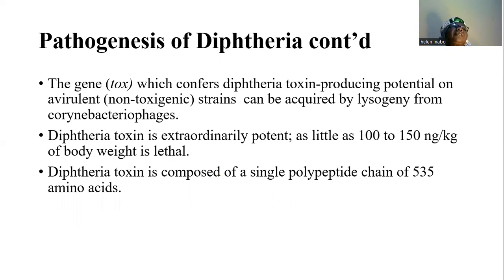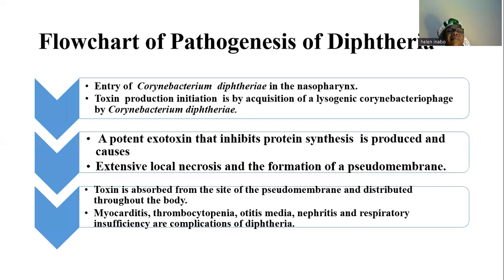Diphtheria toxin is extraordinarily potent, as little as 100 to 150 nanogram per kg of body weight is lethal. Diphtheria toxin is composed of a single polypeptide chain of 535 amino acids.